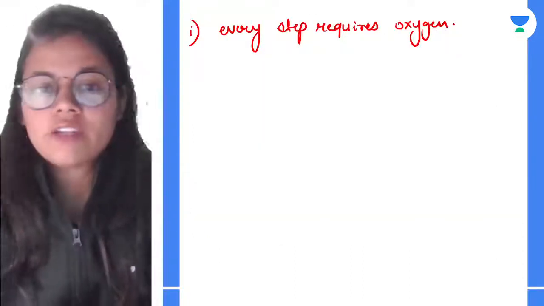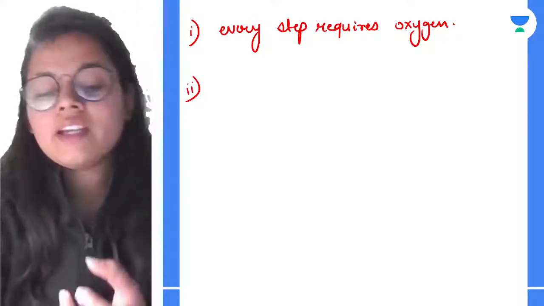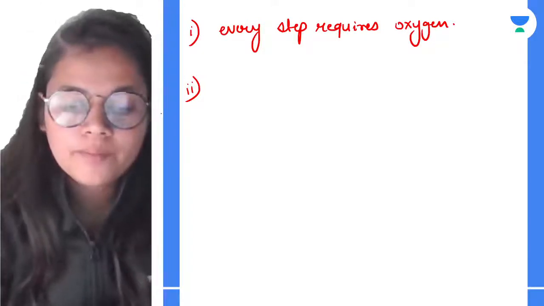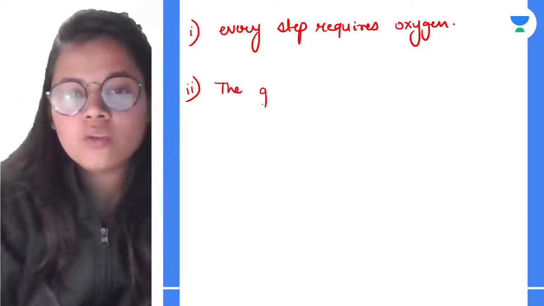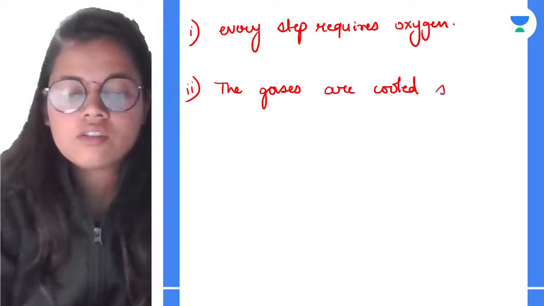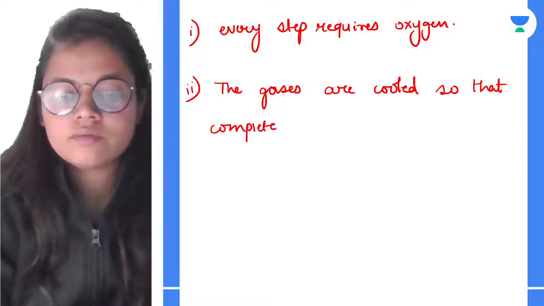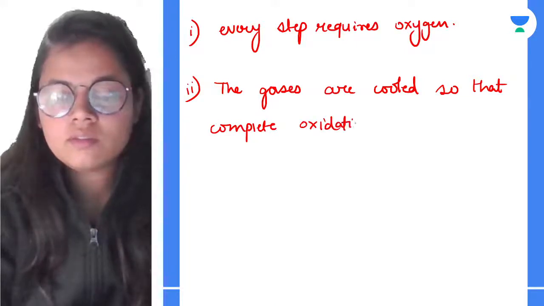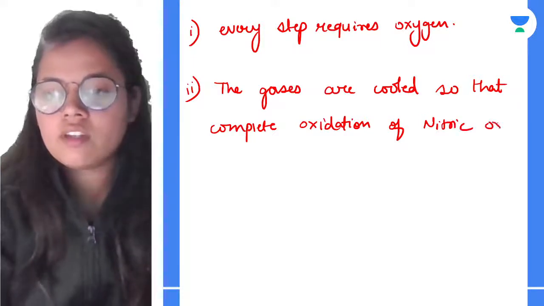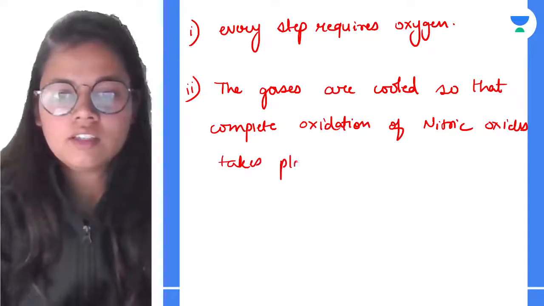The reason is that if the gases are not cooled, the complete oxidation of nitric oxide won't take place. So the gases are cooled so that complete oxidation of nitric oxide takes place. That is the reason.